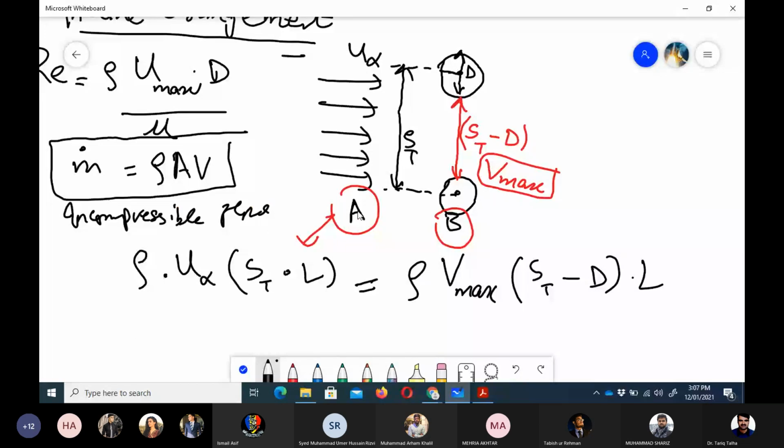Rho would be the same at location A and B, because for the incompressible flow the density doesn't change. So in that case, we would have rho into u infinity into st. St is this distance, and capital L is the length of the tube into the board, which is the third direction, and then the mass flow rate at point B would be equal to rho Vmax. Vmax is the maximum velocity that is due to the nozzle effect, where we have got the least cross section for the flow.